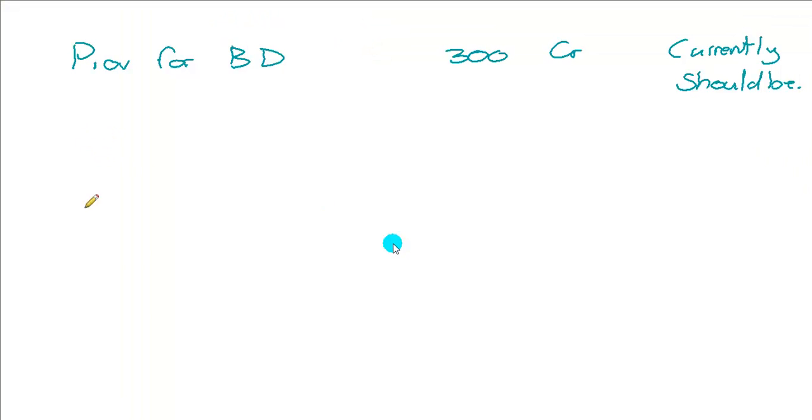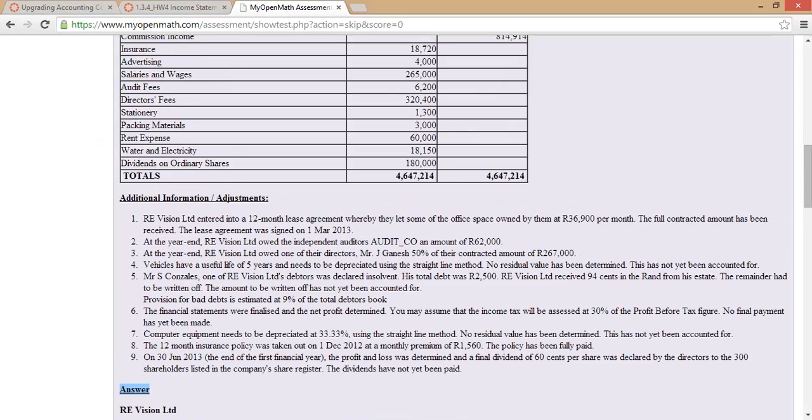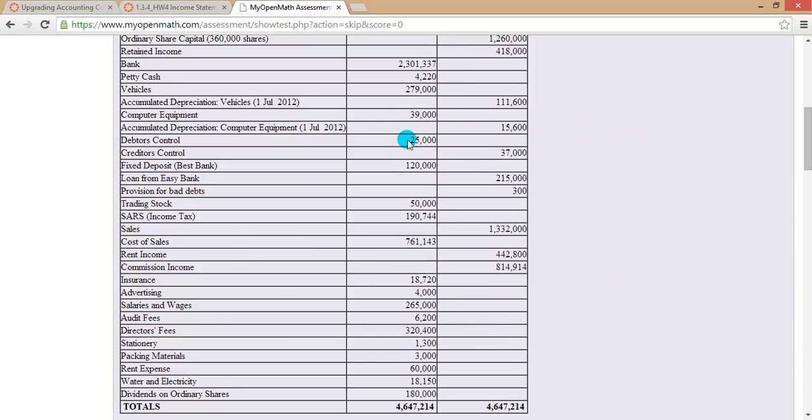Okay, so it should be 9% of debtors book. Alright, so that is 0.09 multiplied by my debtors book, which is currently, total debtors is 25,000 Rand.